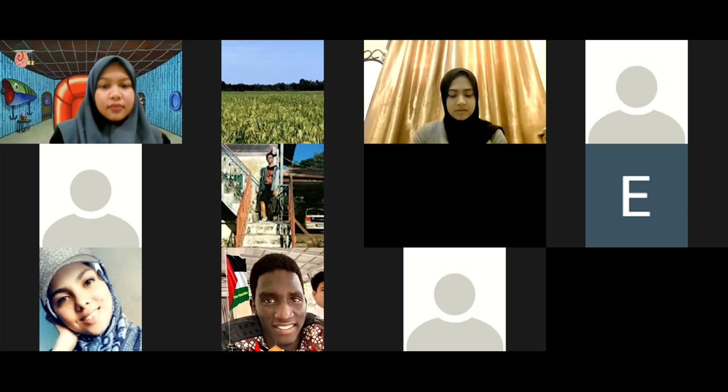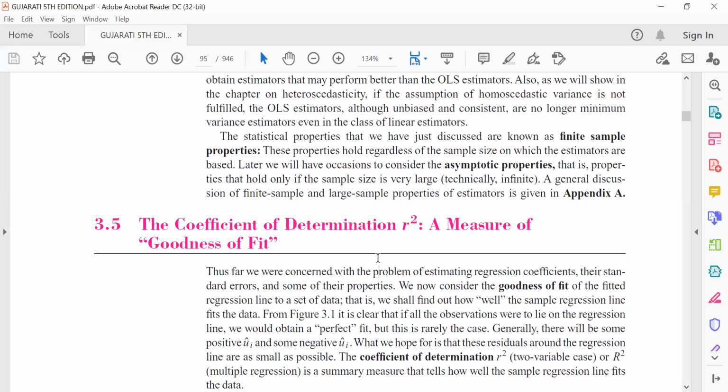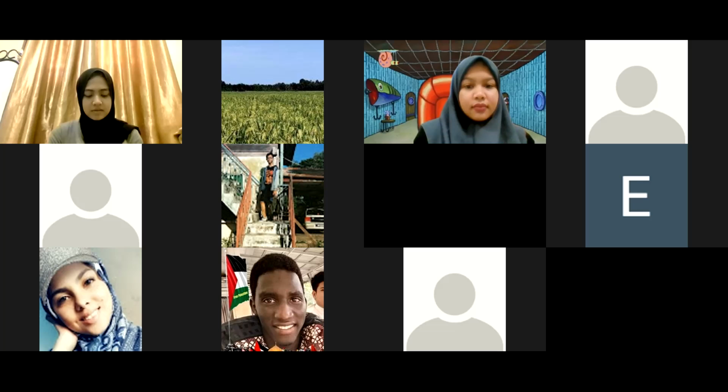Any other questions? No question. Okay. Super. Okay. Determinants, coefficient of determinations. Okay, R squared. Because we have a simple regression model, we use a small r squared. For the multiple regression model, okay, for simple regression model, we use small r here, r squared.